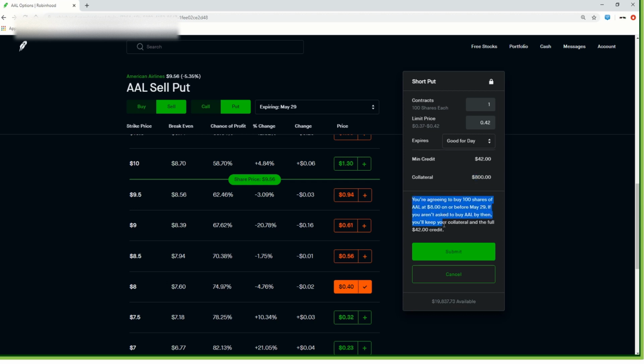As you can read here, you're agreeing to buy 100 shares of American Airlines at $8 on or before May 29th. If you aren't asked to buy American Airlines by then, you'll keep your collateral and full $42 credit.